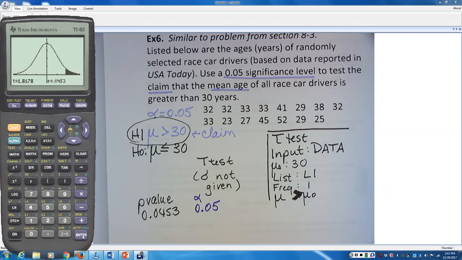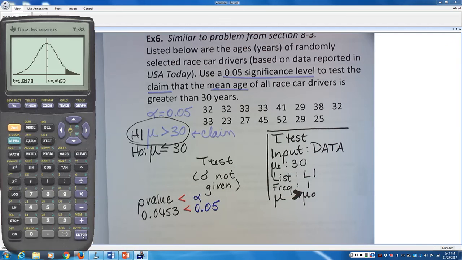So which way does the inequality go? Is p less than alpha or greater than alpha? It's less. Not a lot less, but it's still less, and that's all it takes. When p is less than alpha, what do we conclude? Reject H0.